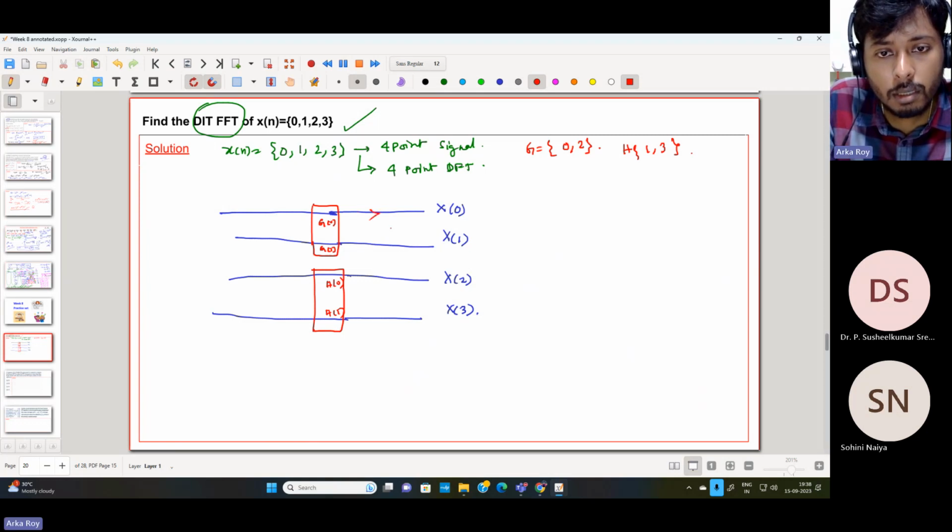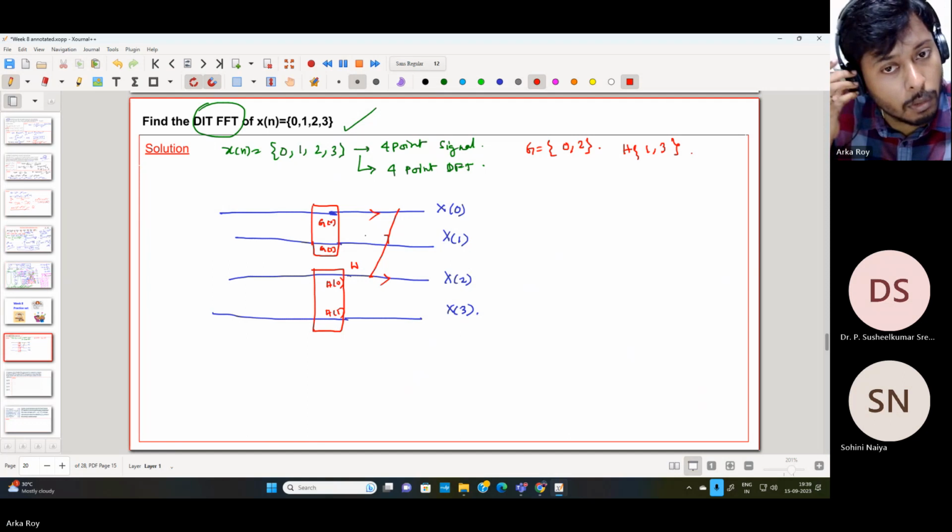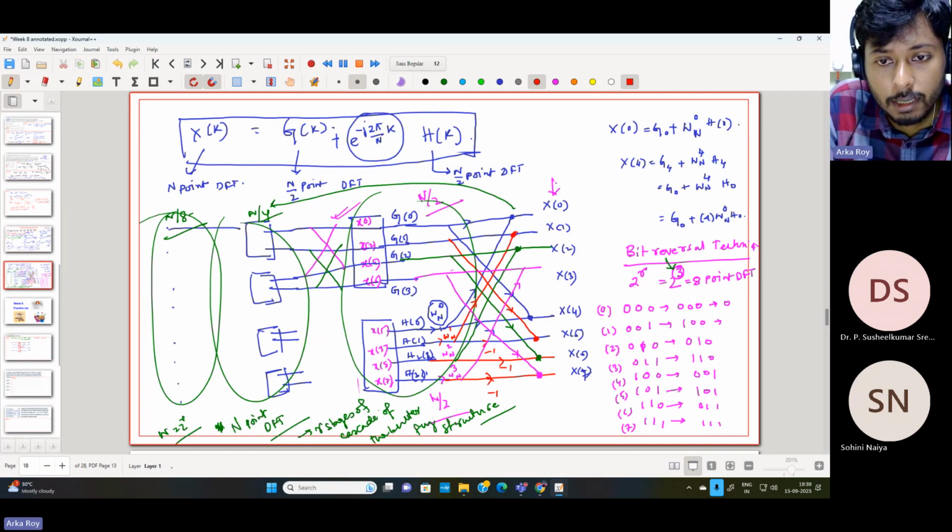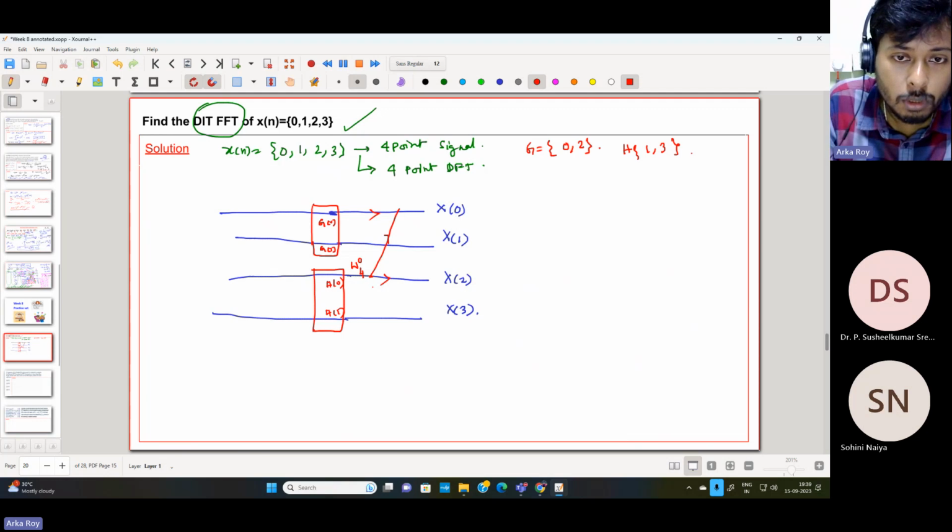X0 is H0, and there will be a twiddle factor. That twiddle factor will be W4^0. Here also we had seen that the twiddle factor was WN^0, so by that logic it will be W4^0, obviously. And here there will be a summation.